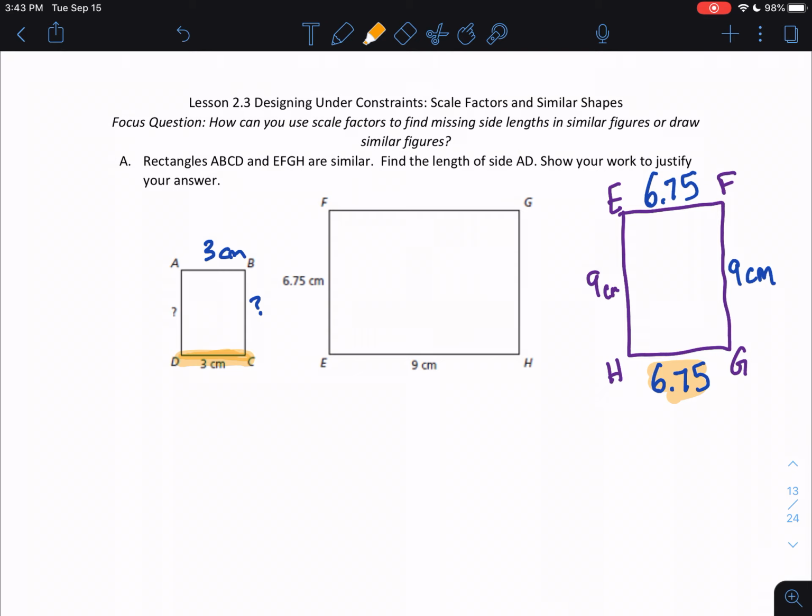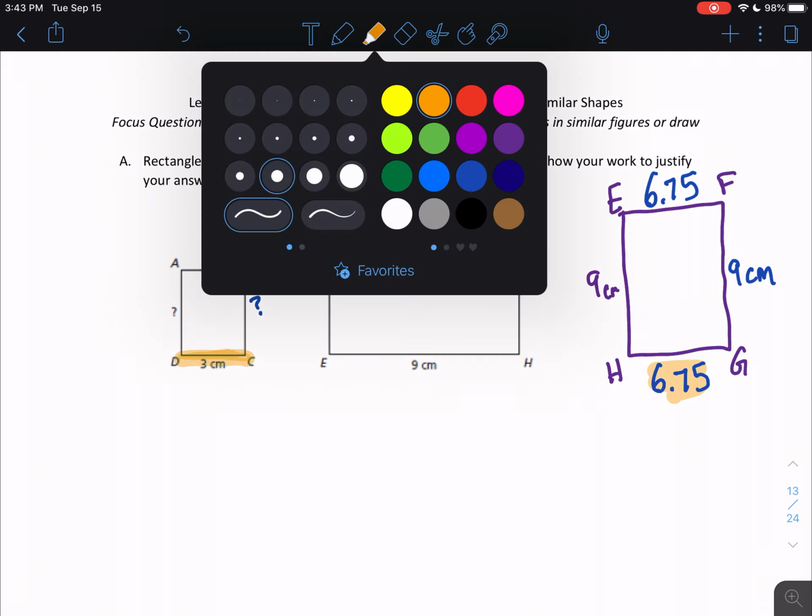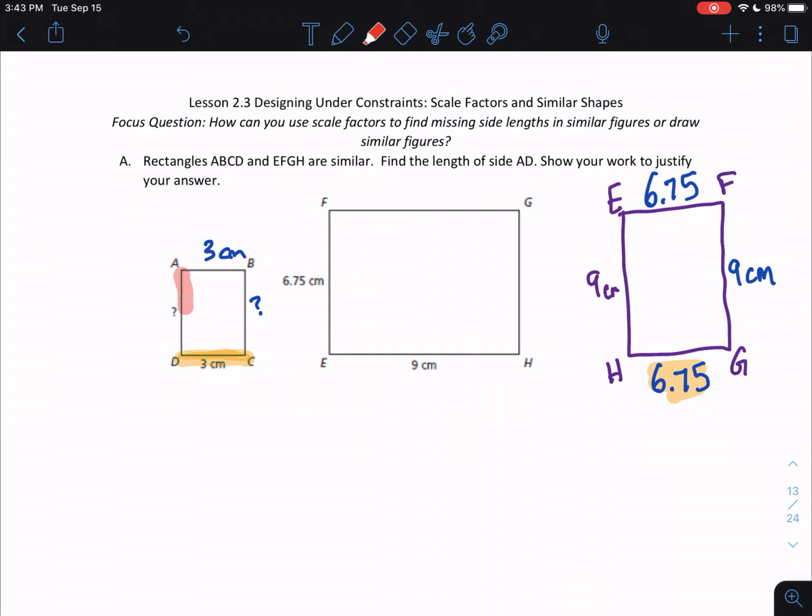My other corresponding side length, my question mark AD, would be the same as E to H. We first need to find our scale factor, which we practiced last Thursday.